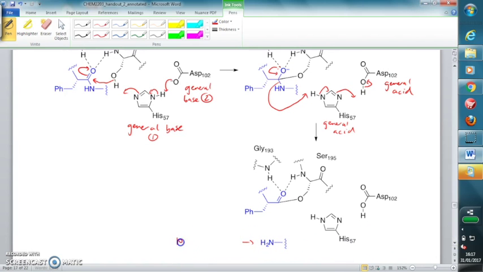So this is product B, which simply diffuses out of the active site. But what we've got now, this intermediate here, is now an ester, and it's the carboxylic acid product covalently bonded through the serine residue in the active site. This is called the acyl enzyme intermediate.